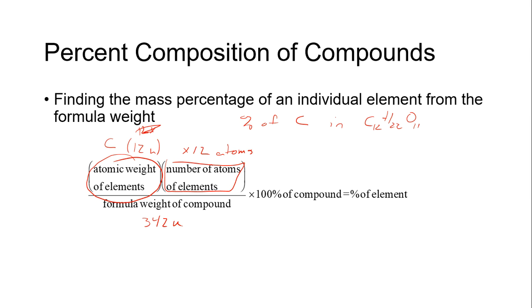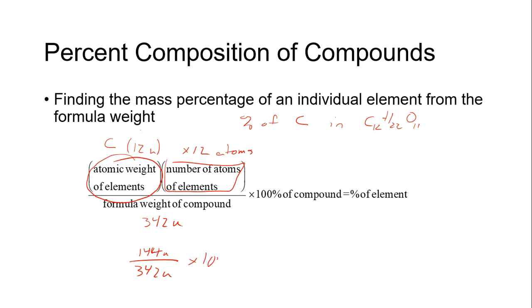So for instance, here, this example we've been doing, carbon has a mass of 12 atomic mass units. There are 12 atoms. That gives us a total of 144 atomic mass units divided by 342 atomic mass units, which is the total formula weight.